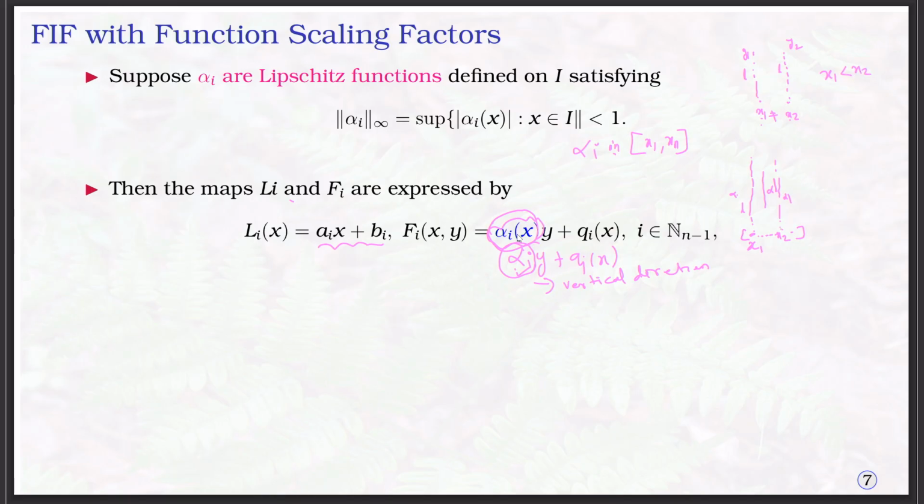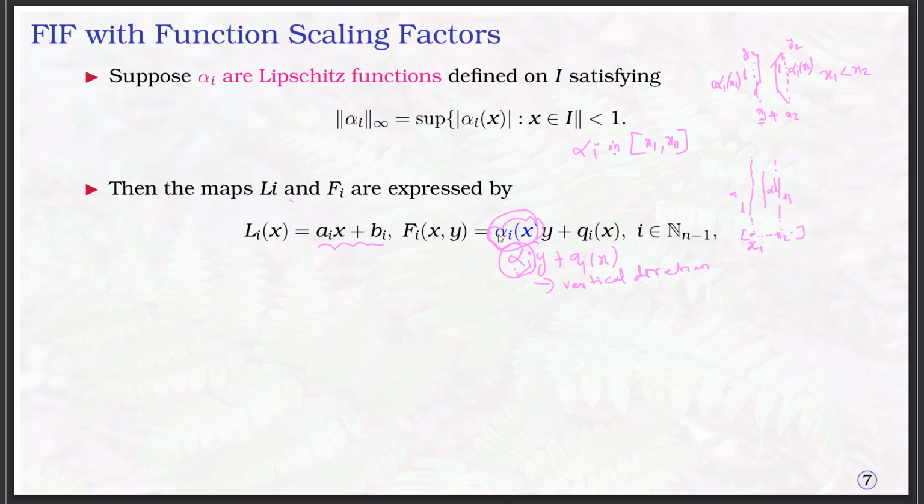Therefore, if you apply alpha I of x, then alpha I of x1 will multiply this L and reduce it accordingly with respect to x. When you take alpha I of x2, it multiplies with this one and reduces the line like this. So the height of this one may be different.